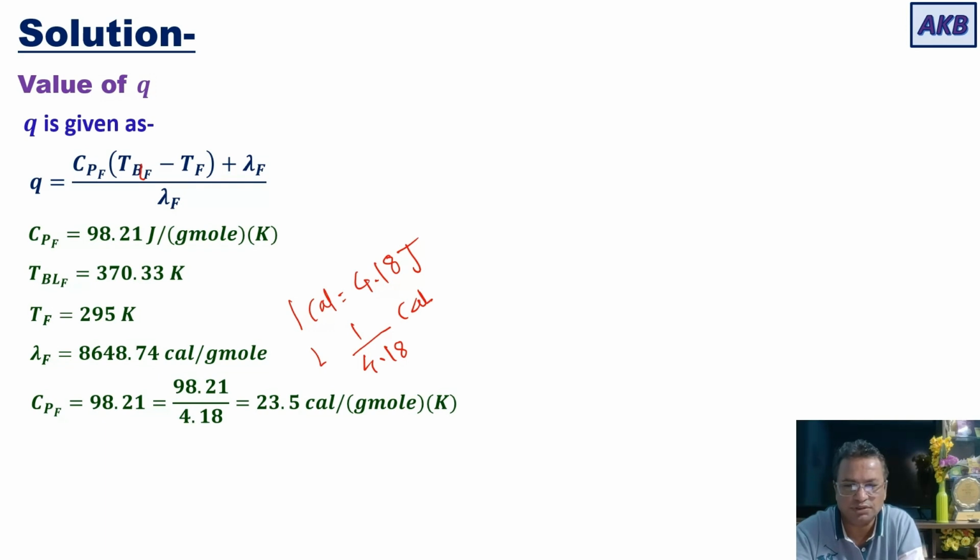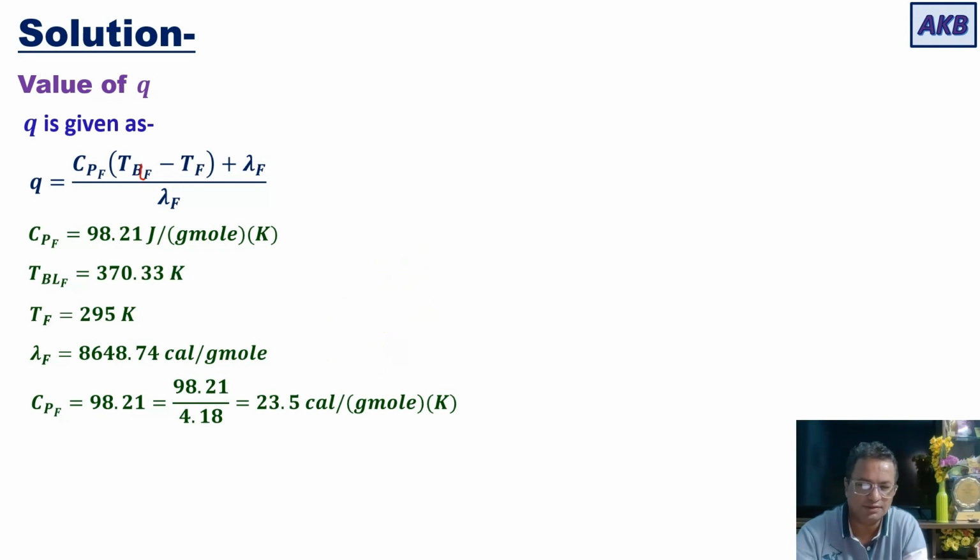And we have got CPF as 98.21 joules. So 98.21 joules will be simply 98.21 divided by 4.18. That gives us CPF as 23.4 calories per gram mole per Kelvin. So you can either convert joules into calories or calories into joule.